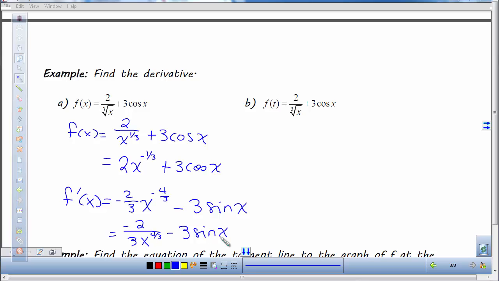Looks like B is exactly the same, so I think we don't need to do that one. Questions about this? The derivative of cosine is minus sine x. That was one of the rules that we looked at last time, so we just have to remember that one. And then the derivative of sine is cosine x.